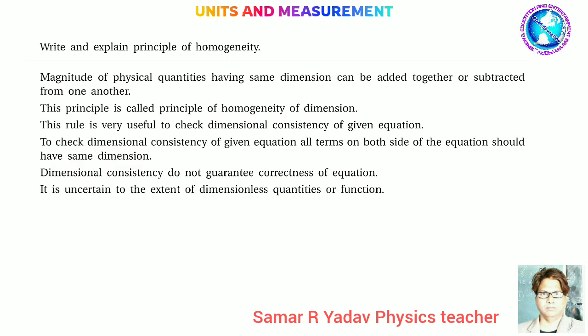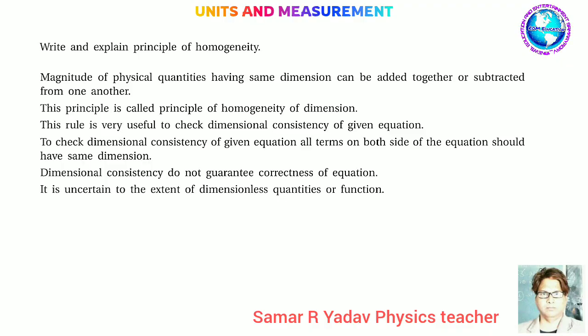Write and explain the principle of homogeneity. Magnitudes of physical quantities having the same dimension can be added together or subtracted from one another. This principle is called the principle of homogeneity of dimension. This rule is very useful to check the dimensional consistency of a given equation.